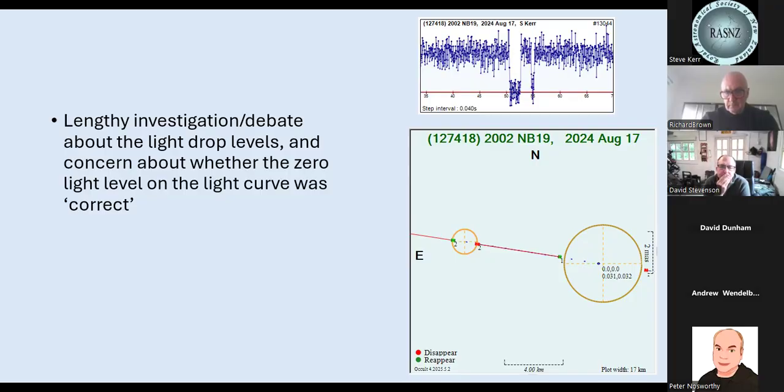They finished up justifying it on the basis of if you integrate X number of frames, then you can find these stars. And that's sort of limiting magnitude, ignoring the question of what would happen with the actual light drop. And that was a lot of grief.